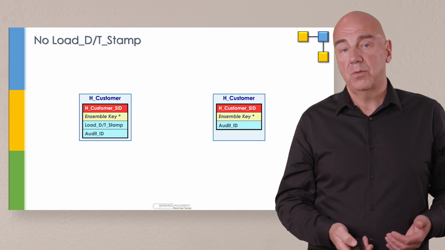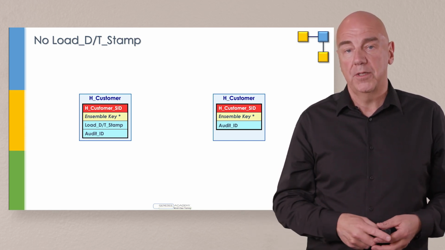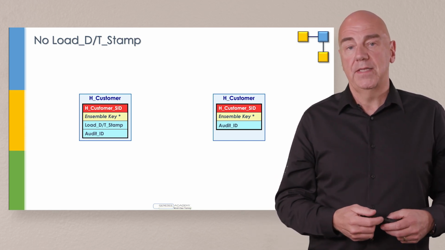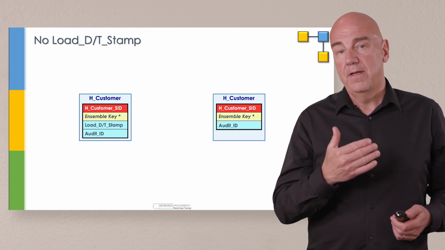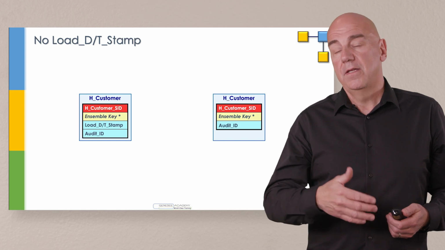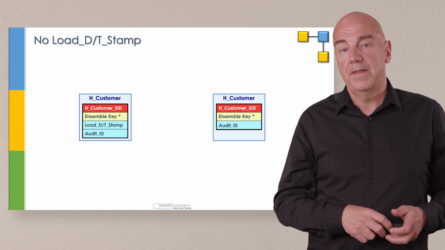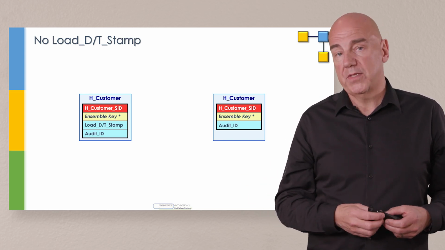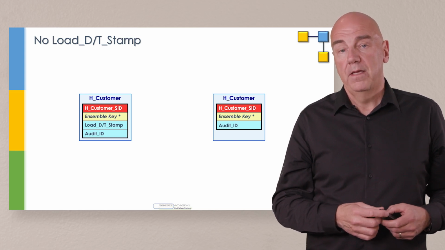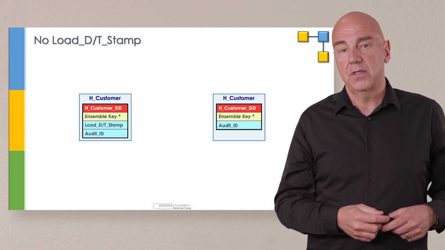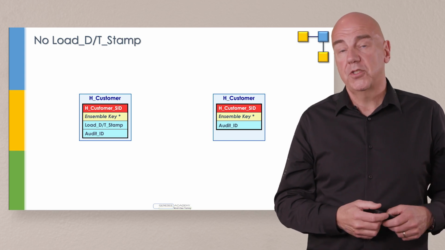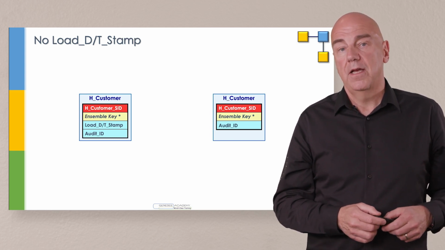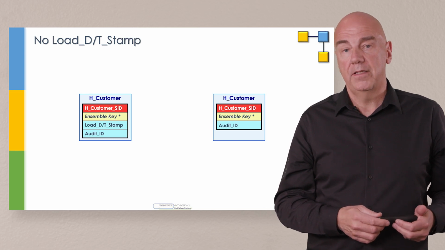But now, assuming that's what we've agreed to, let's go on to the next one. You can see something is missing in this next view on the right-hand side. We've transitioned from the standard vault attributes to actually eliminating the load date timestamp, leaving only an audit ID. Now, this was first introduced to me a long time ago, probably as much as 15 years ago, in working with a client in the Netherlands.